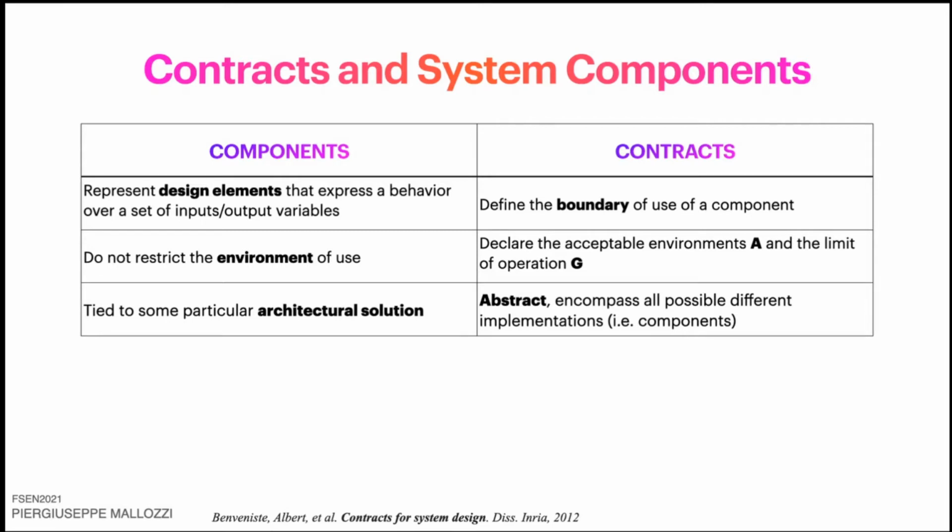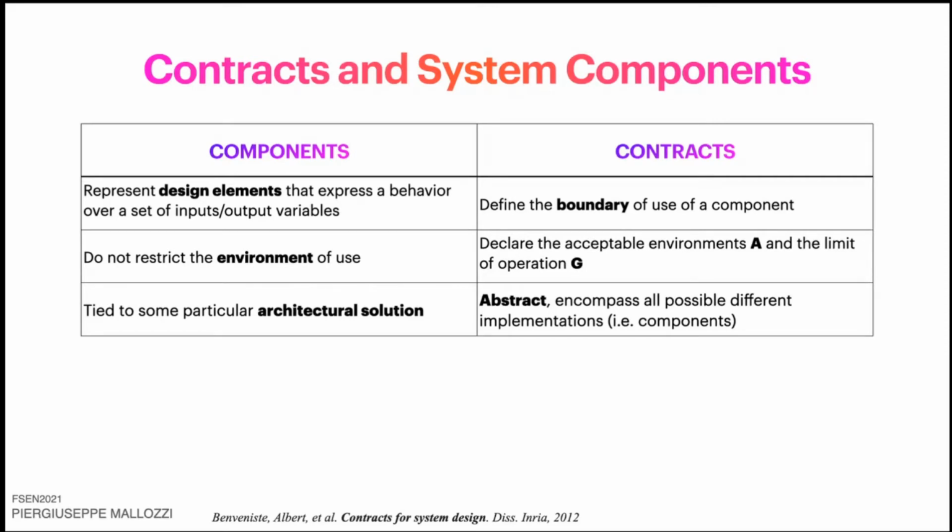In a sense, it's related to the goal, because in a goal you don't specify exactly the implementation that you want, but you describe all the possible implementations you would like to have in your requirements. In the same way, the components do not restrict the environment that we want to use, but the contract does, because we declare explicitly all the environments that are acceptable by our contract and the limit of our operations with the guarantees.